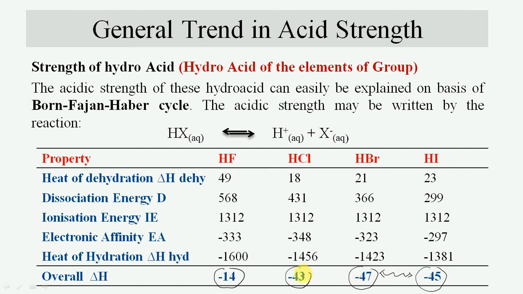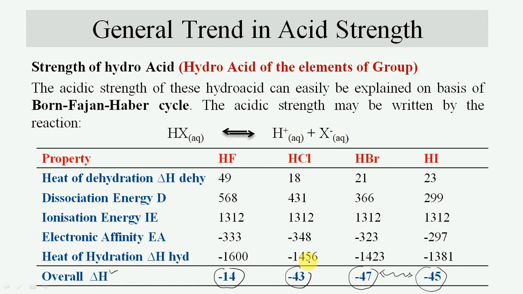So if we consider this factor delta H alone, then hydrogen bromide will have the maximum acidic strength, then hydrogen iodide, then hydrogen chloride, and lastly hydrogen fluoride.